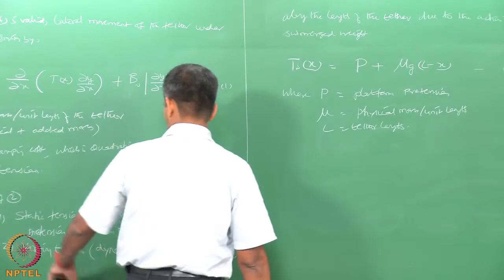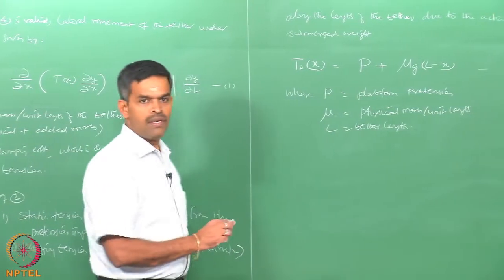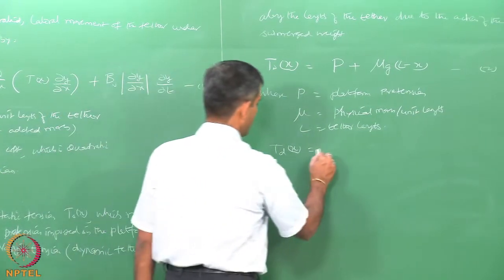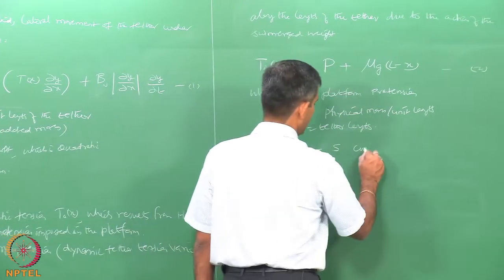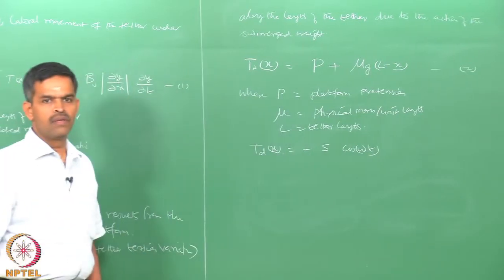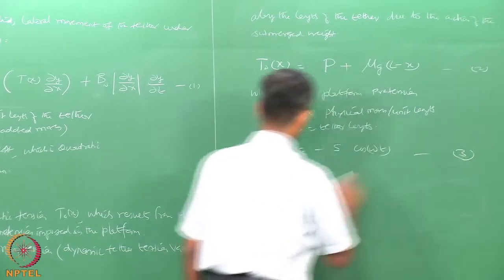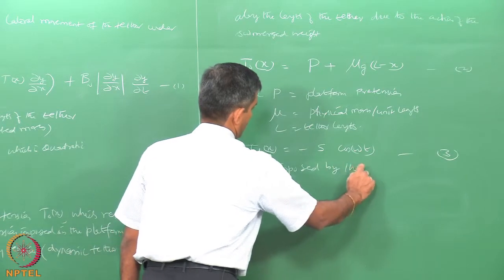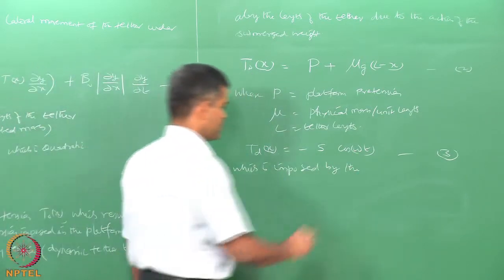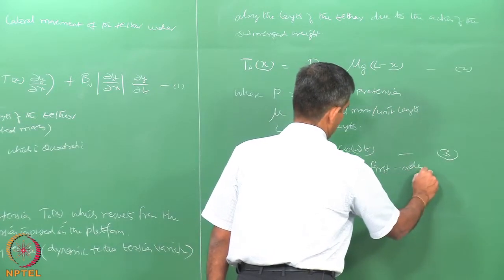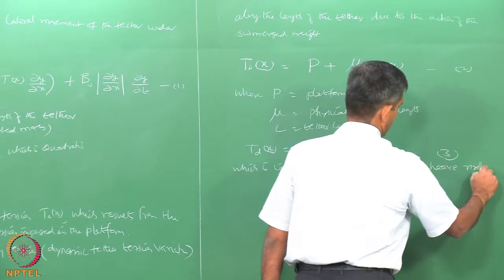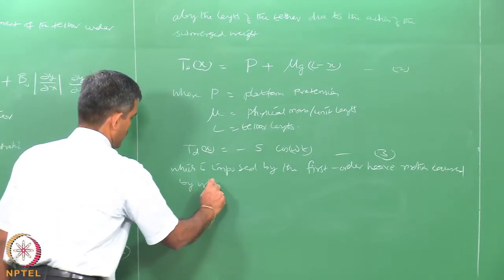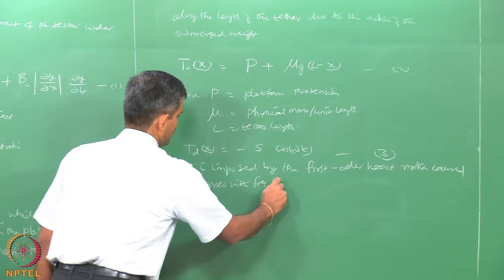The dynamic tension, the second component, is given by Tdx, which is minus S cos omega t, which is imposed by the first order heave motion caused by waves with frequency omega.